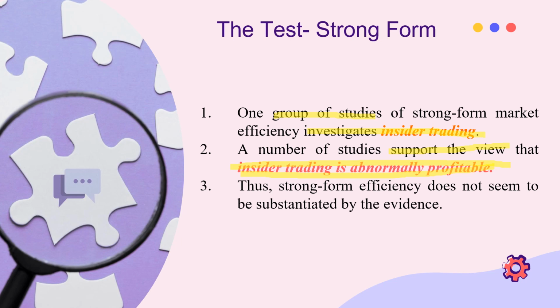So kalau ada orang yang willingly menceritakan kata dia adalah insider trading, it's quite hard for him because it is an illegal thing. So kalau dia mengaku kata dia buat insider trading, dia dah melanggar undang-undang di Malaysia. So sebab tu in Malaysia we find it difficult to get the evidence on the strong form efficient market.